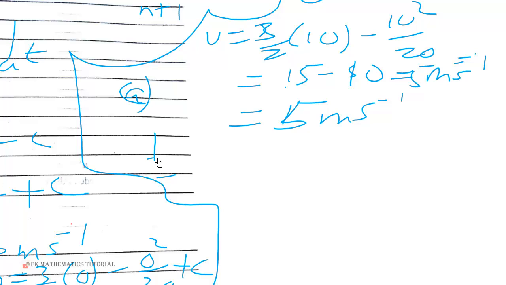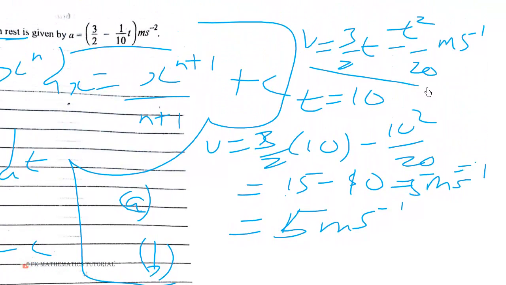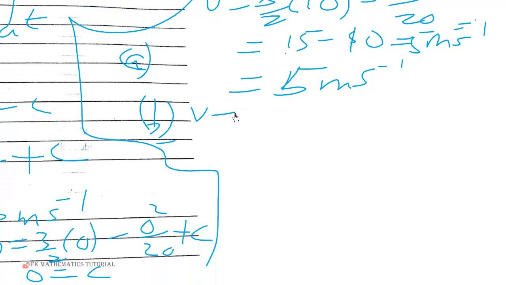Then the B part said we should find the distance at time t seconds. So we continue again and we integrate the velocity function. That is, we pick it from here and integrate it. So v equal 3 over 2 t minus t squared over 20.